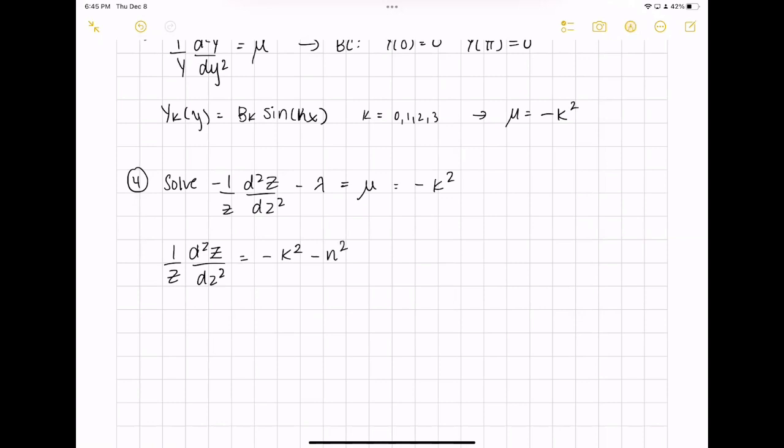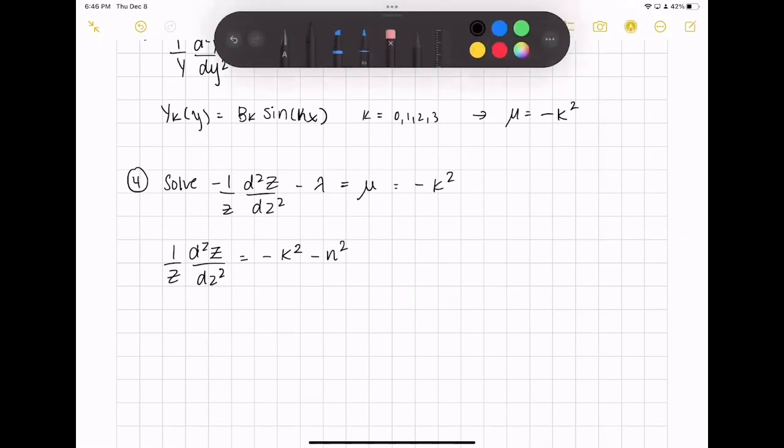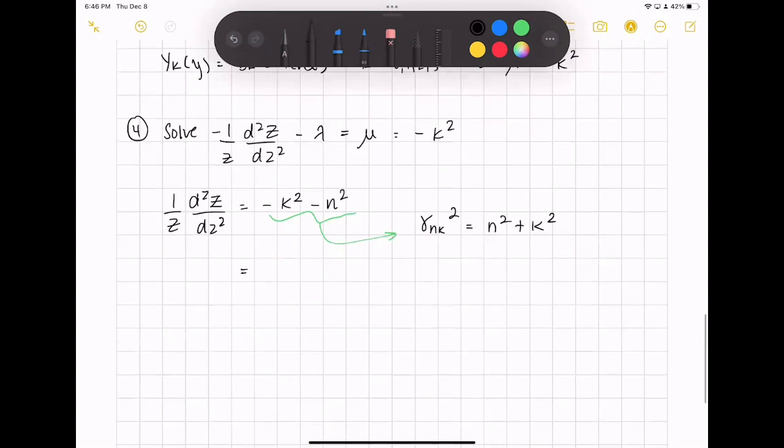So I plugged in lambda and mu. And to solve this, we're going to let this term here equal another constant. All right, so now this right-hand side is equal to this constant.